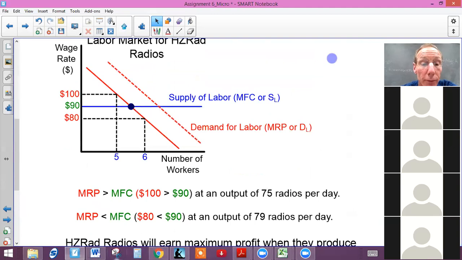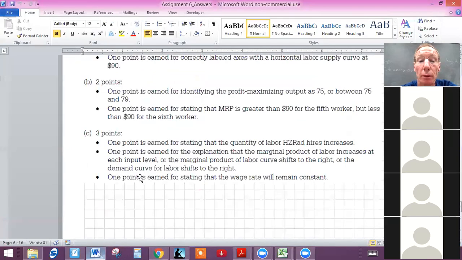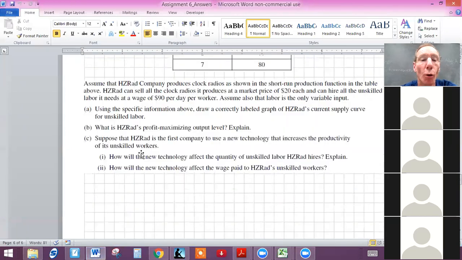And I believe, nope, we're not quite done, okay? What would happen, whoops, sorry. What would happen if we have a new technology? How would that affect the quantity of unskilled labor?